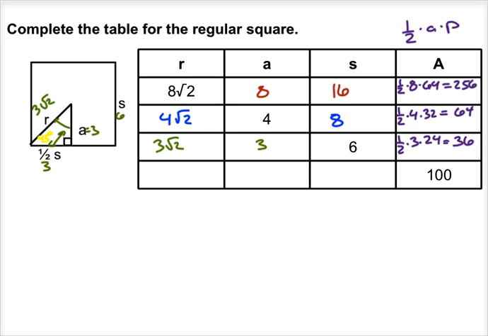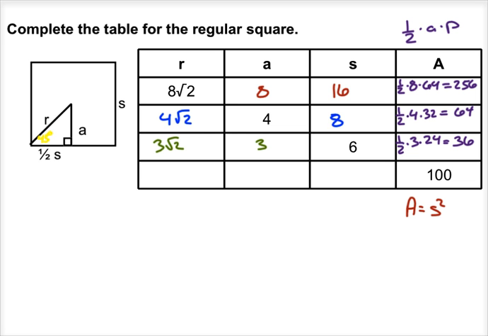The last one, they're giving me the area and asking me to figure out all the other pieces. Well, let's see. Here's where I might actually do this problem in reverse a little bit and not necessarily use the whole formula for some of this. If I know that the area is 100, well, I also know that for a square, I could just say that the area is a side squared.